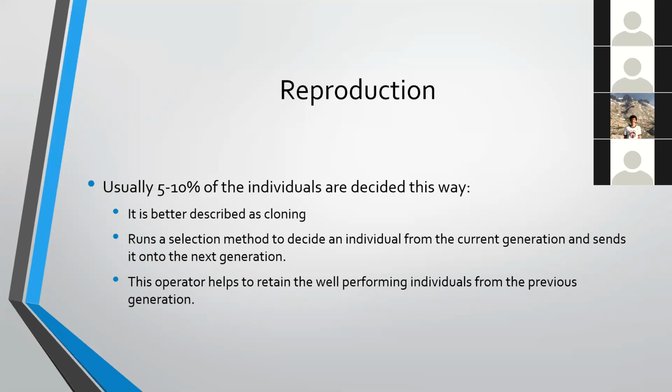So reproduction will maybe not guarantee, but make it much, much, much more likely that very well-performing individuals stay around throughout populations as a way of keeping around their genetic code. So that's kind of what reproduction is all about.